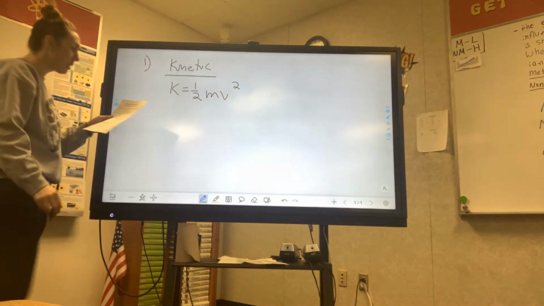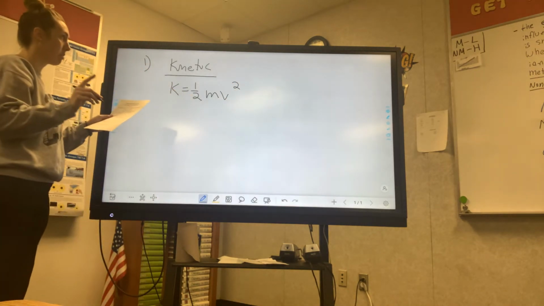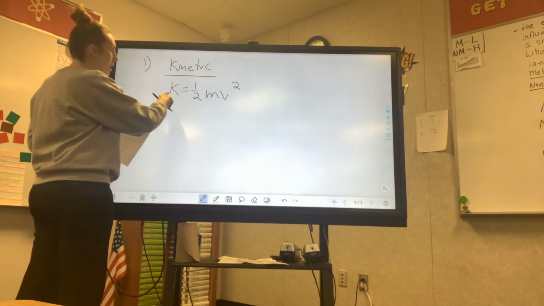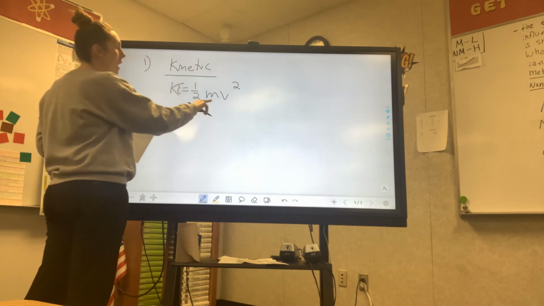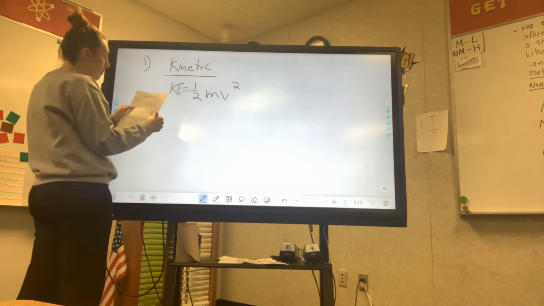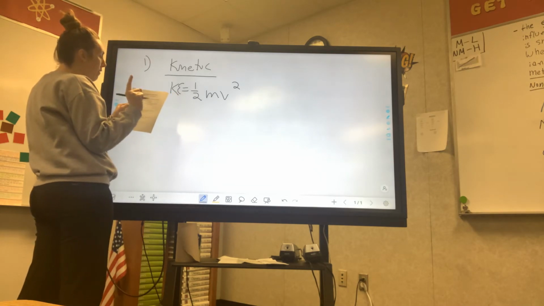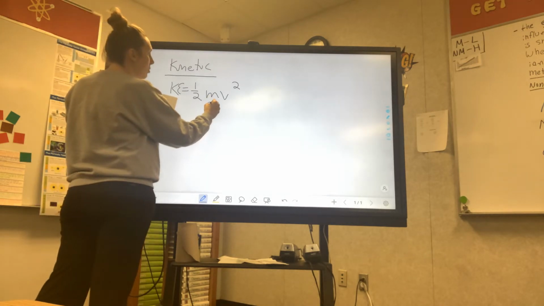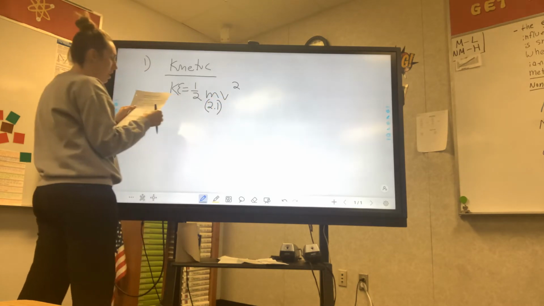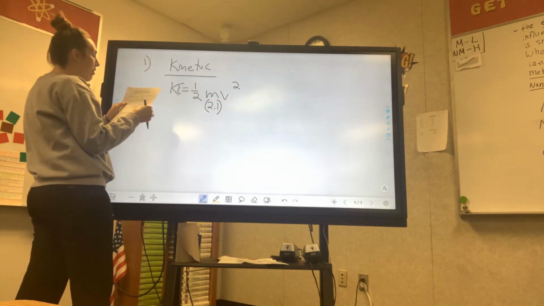Now, let's see what they give us. Anything they give us, I'm going to sub in. You serve a volleyball with a mass of 2.1 kilograms, so the mass is 2.1. The ball leaves your hand at 30 meters per second.